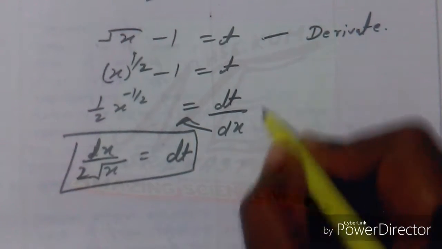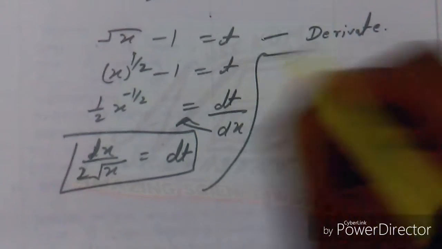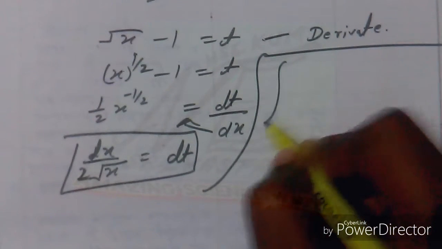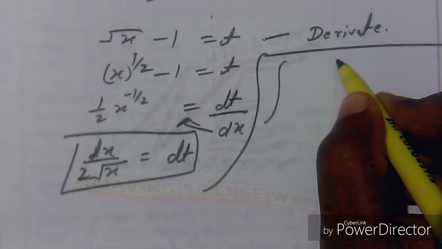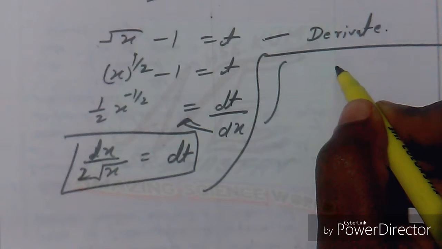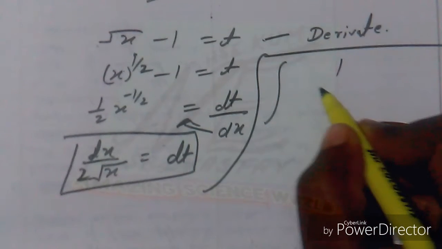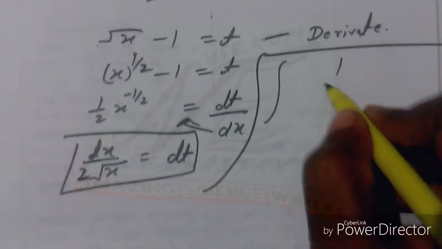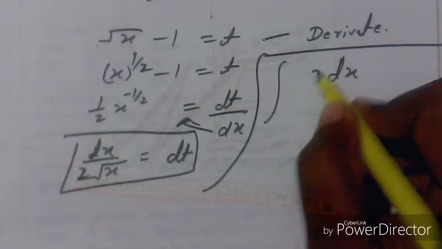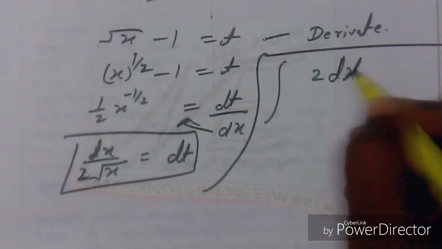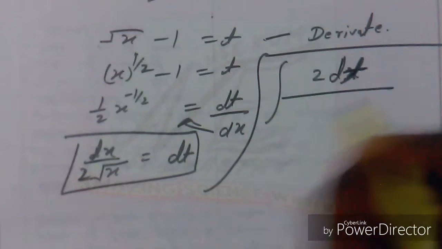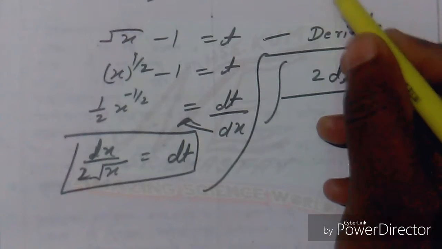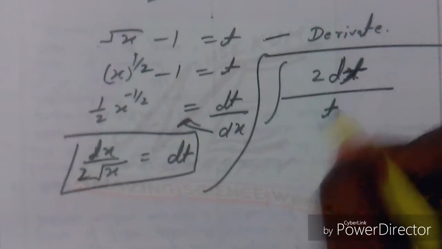Now what will come, that is integration of 1 by under root x dx is equal to 2 dt, and under root x minus 1 is equal to t.